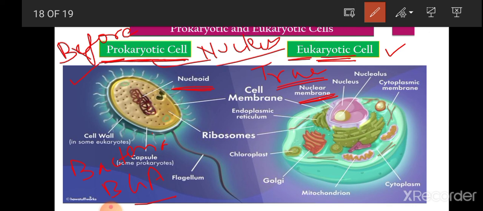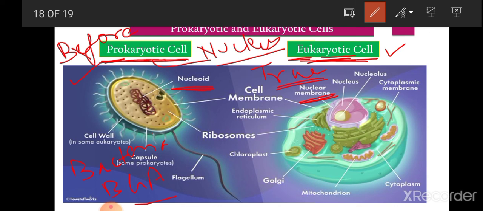Such a well organized nucleus is present in the cell with nuclear membrane. So such a cell where a true, membrane bound nucleus is present is called a eukaryotic cell. And the organisms that have eukaryotic cells are called eukaryotes.